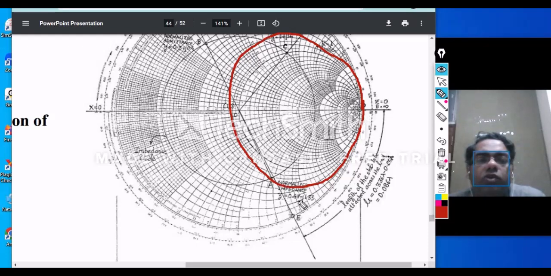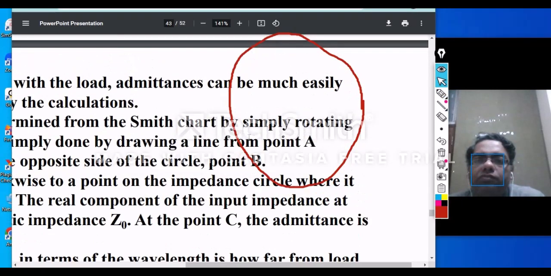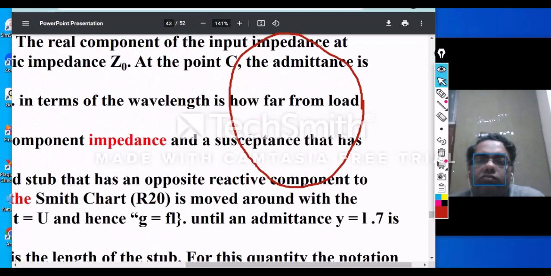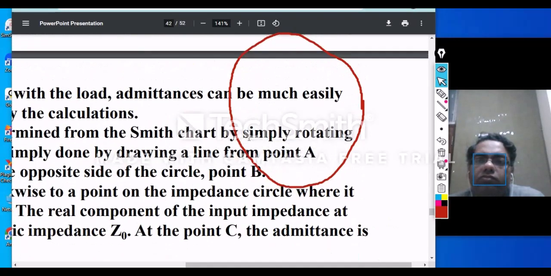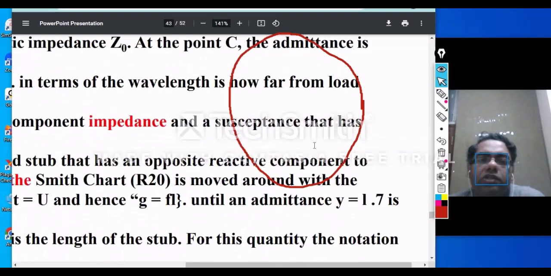So this is 0.67 approximately, as we got here, 0.66 or 0.67 and −1.33.